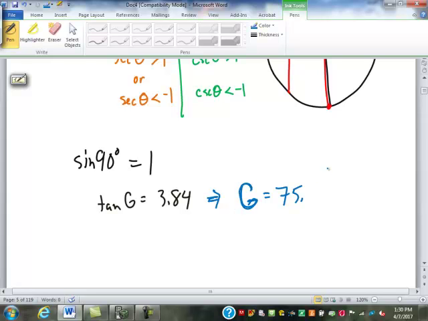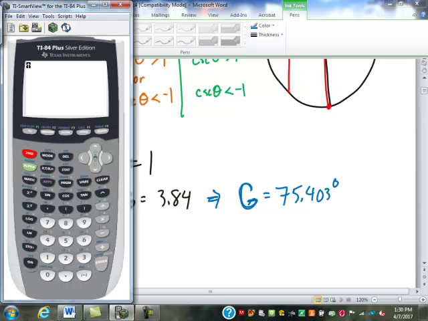Do you guys concur? 403? So it's just second tangent 3.84. 75.403 degrees.